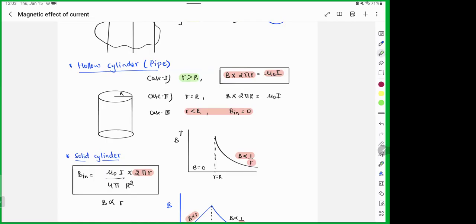Because there is no current enclosed in the shell, as in any charge distribution. In a spherical shell like this, you will see your charge enclosed will be zero. Same here, inside the shell, because the current inside is zero.